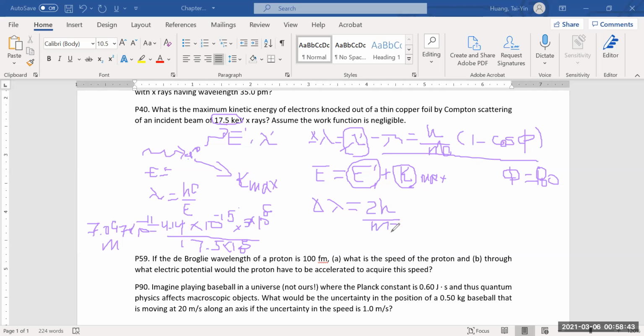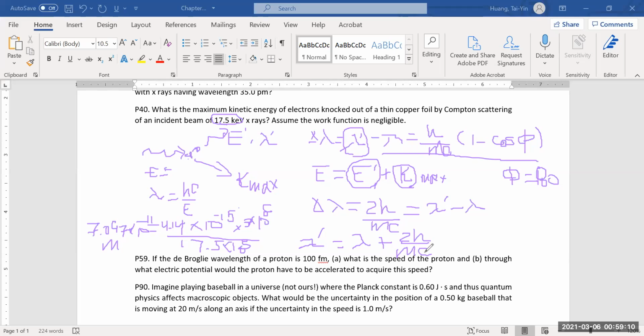So our Compton shift is this value, and this is also equal to lambda prime minus lambda. So you can calculate your lambda prime, which is just the original wavelength plus this 2h over mc.